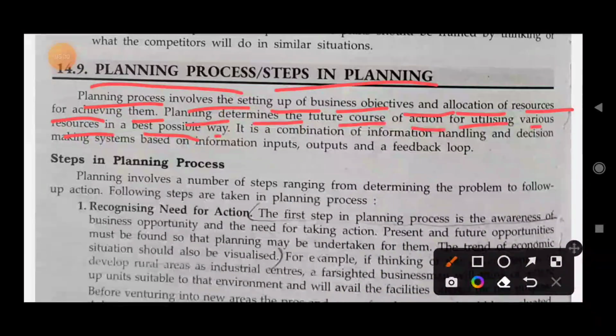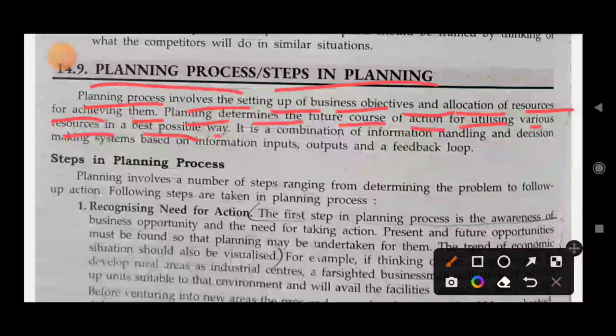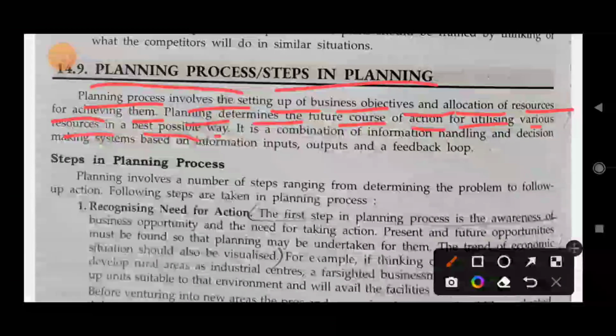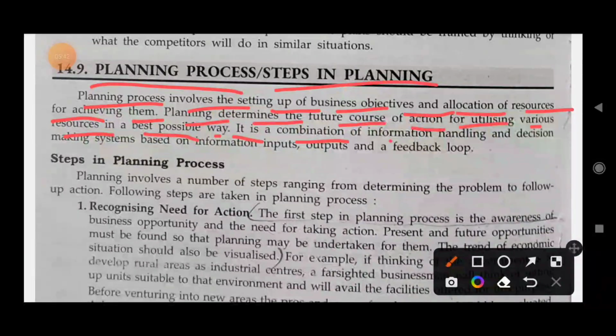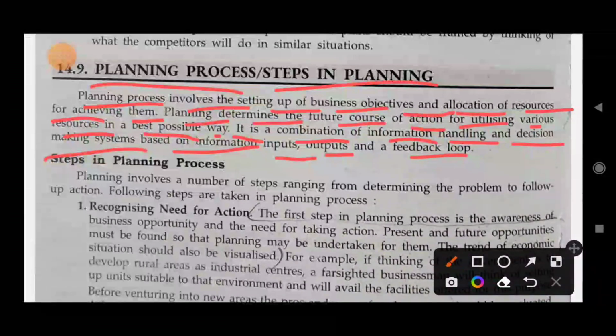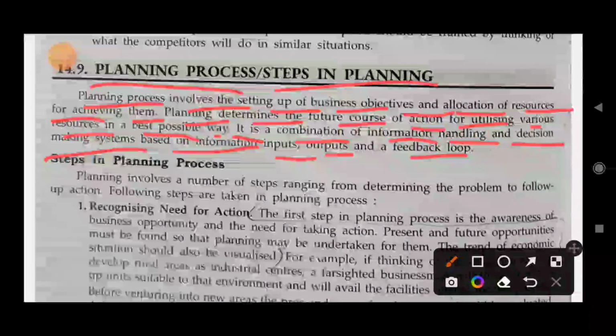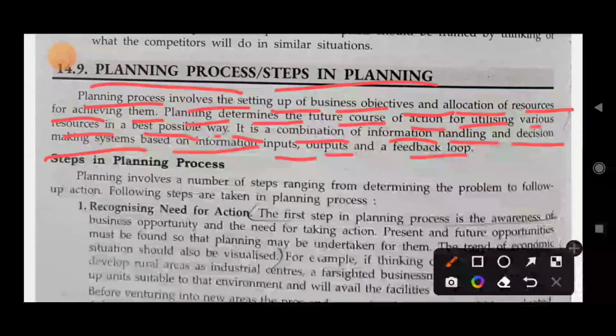As I said in the beginning itself, planning is determining the future course of action and utilizing resources in the best and cheapest way, and it is a combination of information handling and decision making based on the inputs, outputs and feedback loop. So it is a process in which you use various inputs for the purpose of some output. Okay, that is nothing but your objectives should be fulfilled, right?